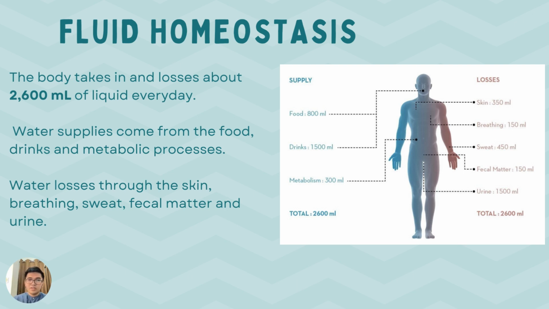So we can get the water supply from the food, drinks, and metabolic processes. And we can also lose the water through the skin because of sweating, breathing, and fecal matter and urine.